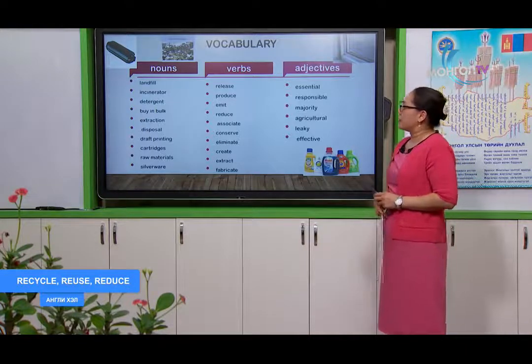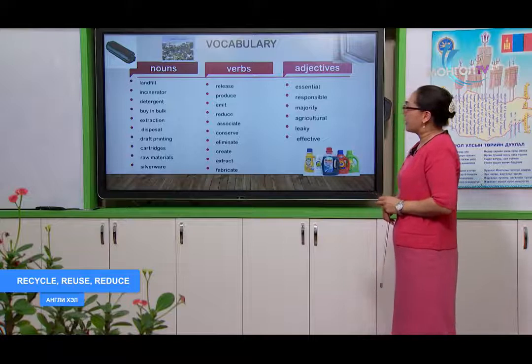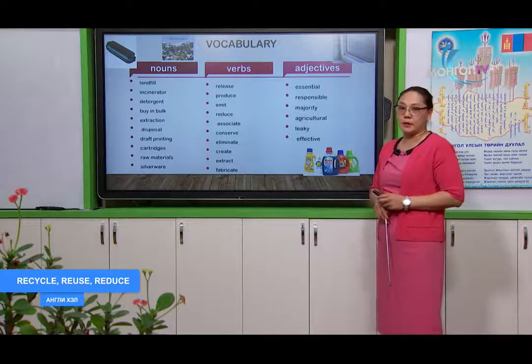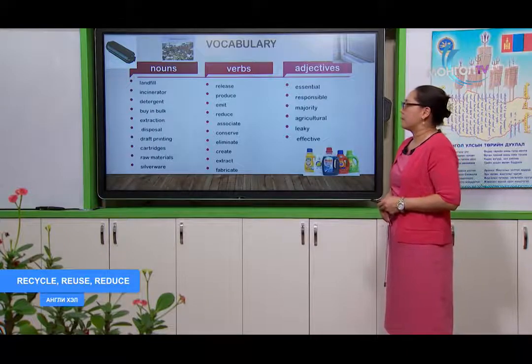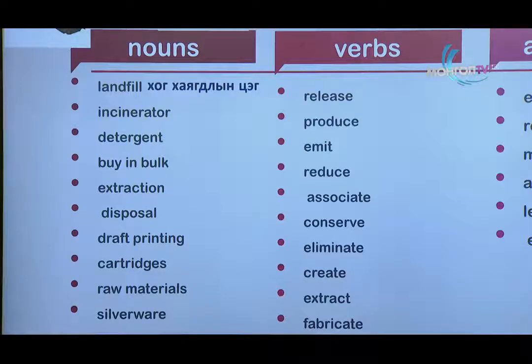I have 9 nouns here. I will read the words and you repeat after me. Landfill, landfill, landfill. When you repeat the words, you can see the Mongolian meaning on the screen and memorize it.